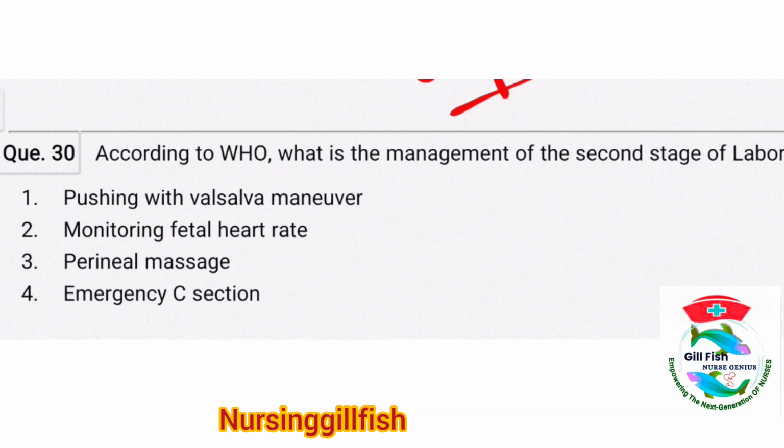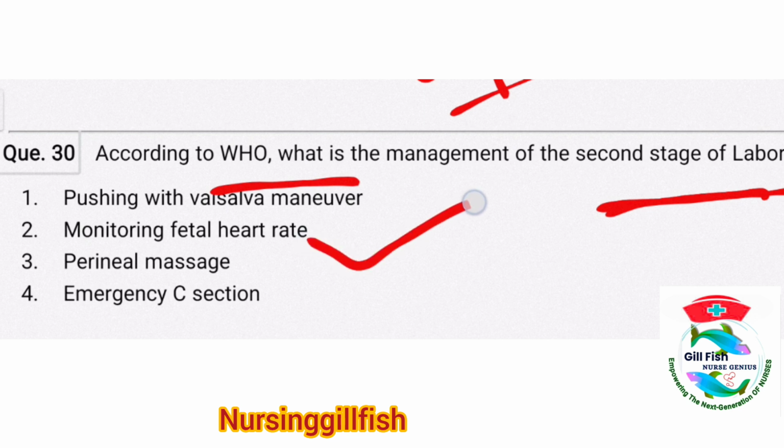According to WHO, we are going to check the fetal heart rate. That is very essential, so option 2 will be the correct answer. Okay, move on to the next question.